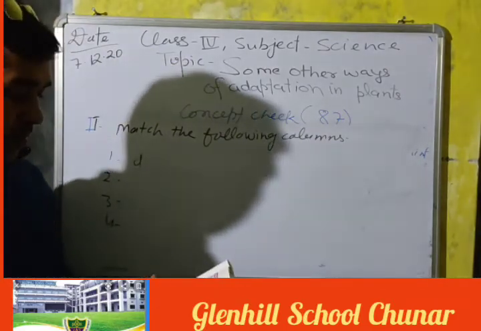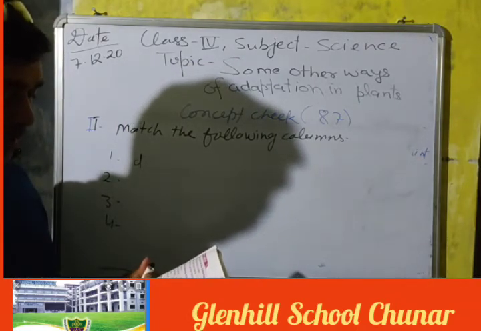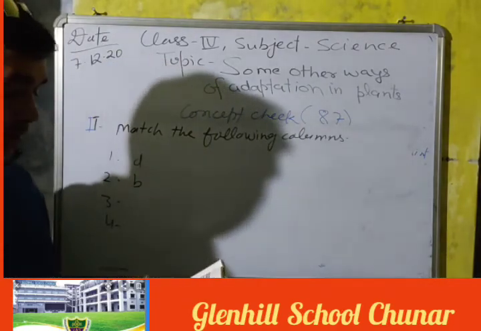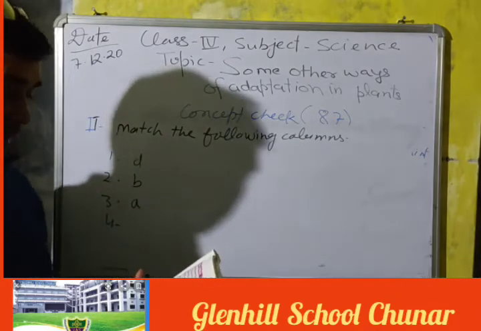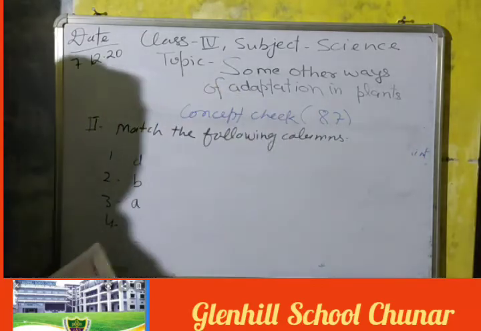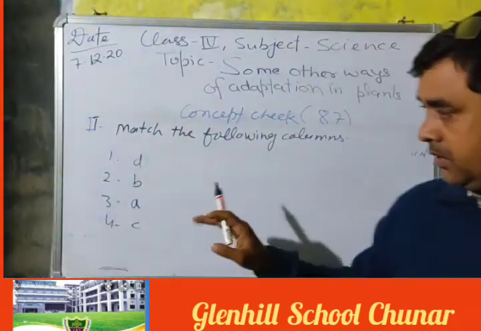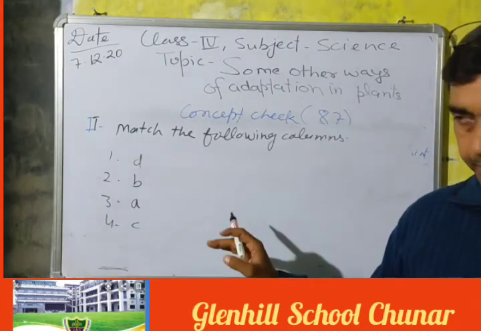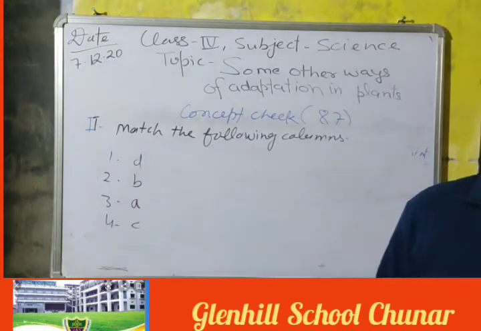The Bougainvillea is a thorny plant. Bamboo is a grass family plant. Tape grass is a submerged plant. Write down in this way, students, beside the question in the book. First D, second B, third A, fourth C.